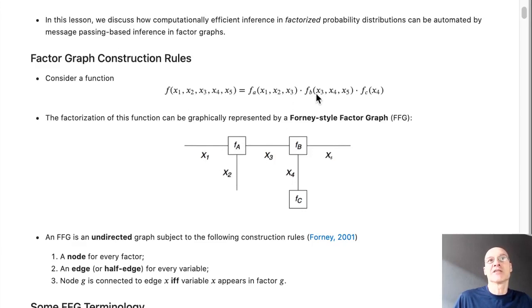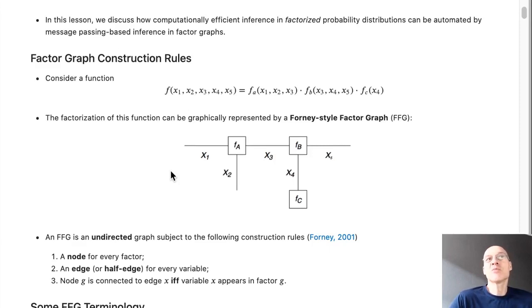And fb is a function of x3, x4, x5, and therefore fb connects to x3, x4, x5, and so forth. So this graphical representation is a reflection of the factorization of the joint model, if you will.